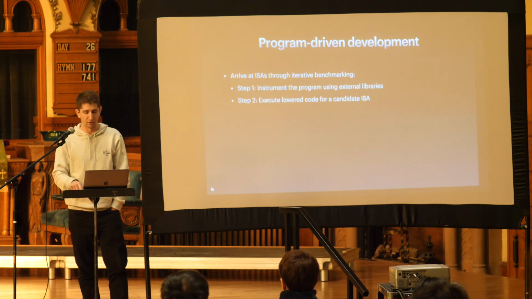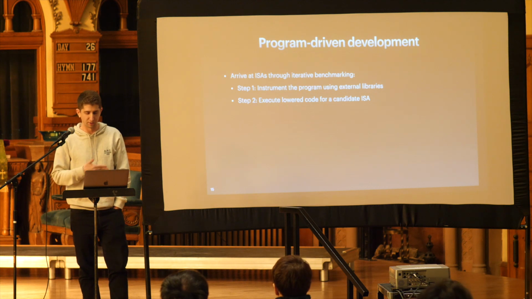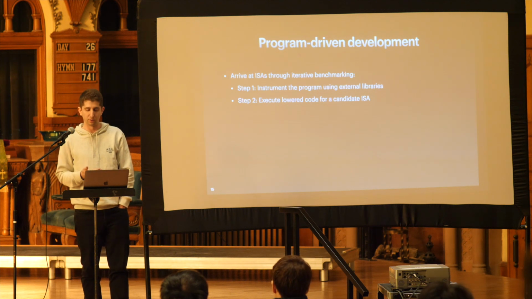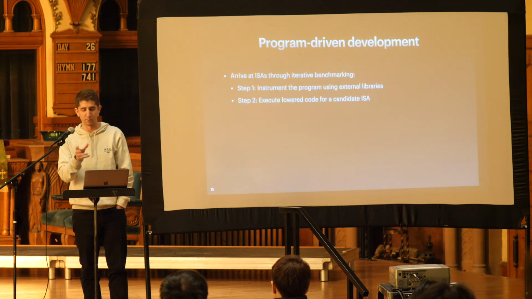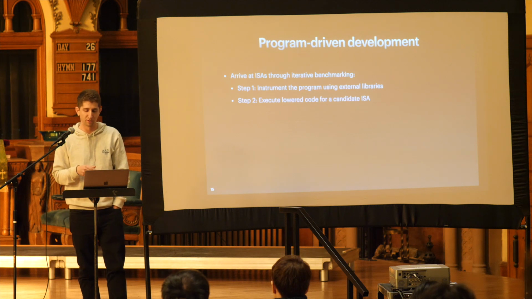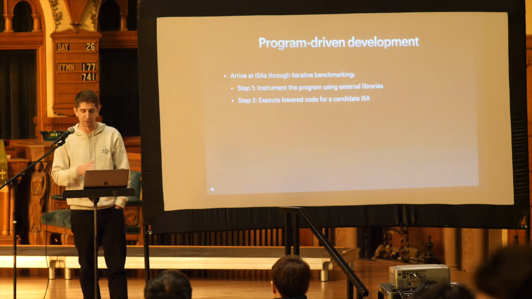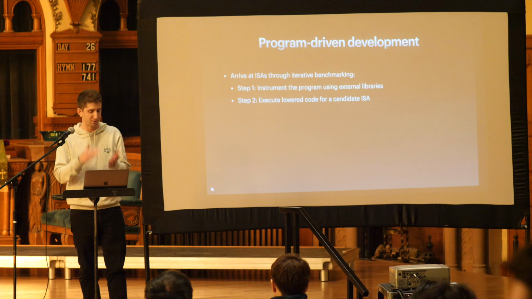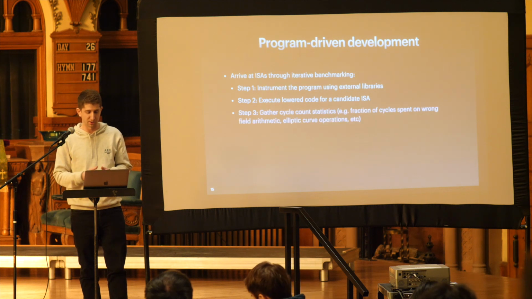The second step is we execute the lowered code for a candidate ISA. We have this LLVM in which we tagged all the potential functions that we might want to represent with special instructions, but for the time being, we just lower to maybe a base instruction set.